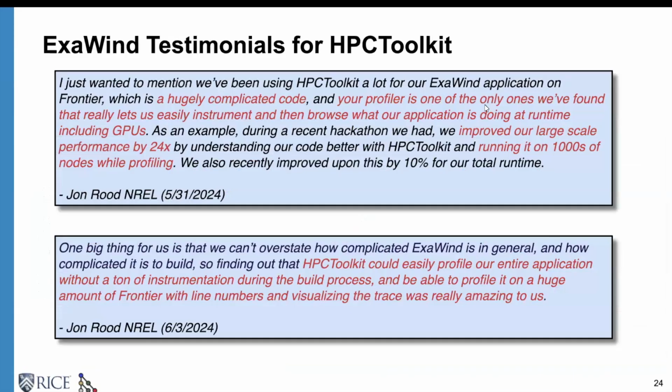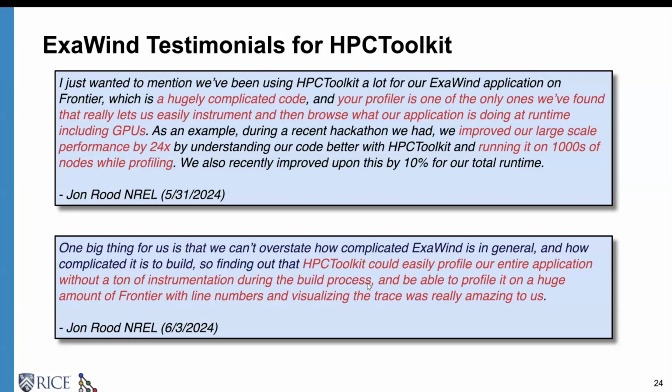So what John said was that they improved the performance on a large scale by 24x. And they were able to do that by understanding their code performance better by using HPCToolkit and running it on thousands of nodes while profiling. And something that should be of interest to you is that HPCToolkit could easily profile our entire application without a ton of instrumentation during the build process.